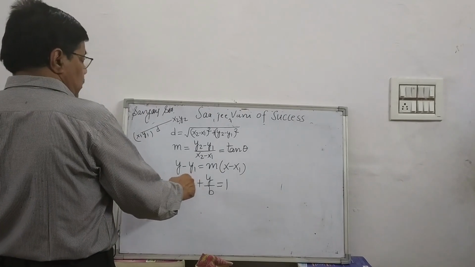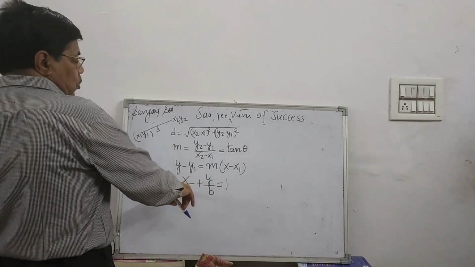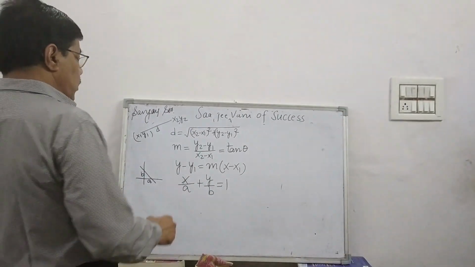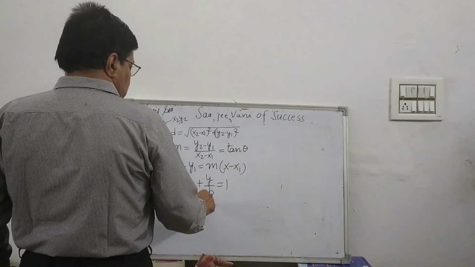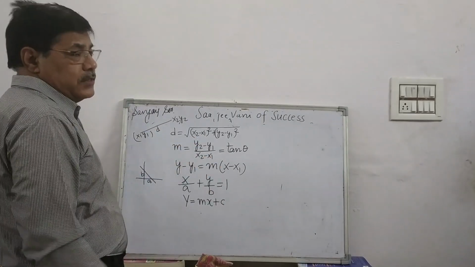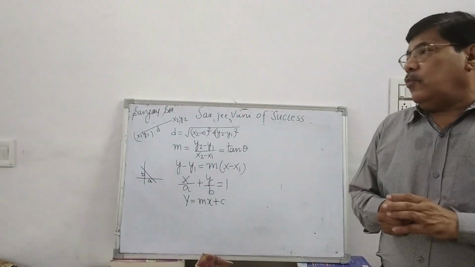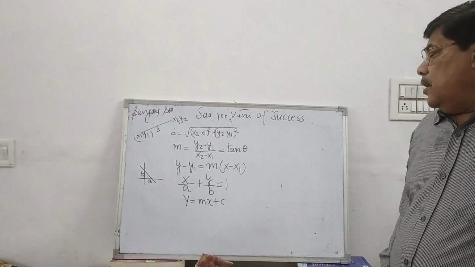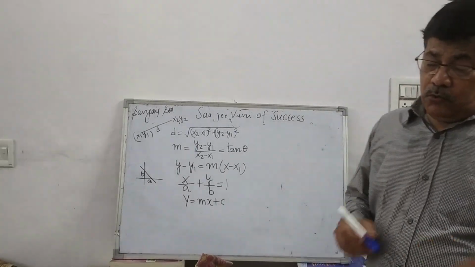Then the equation will be x upon a plus y upon b equal to 1. Another formula for finding the equation: y equal to mx plus c. M is the gradient and c is the constant. These are the different formulas for finding out the equation of a line, the distance between two points, the gradient, and so on.